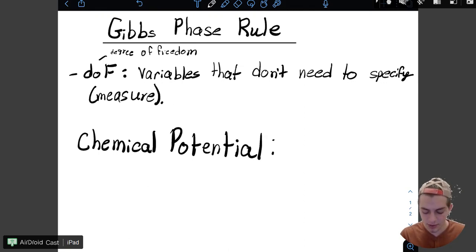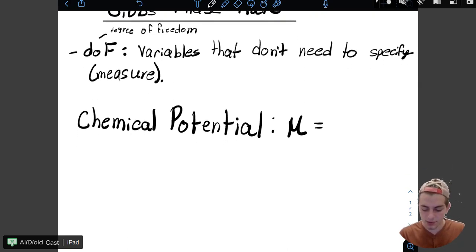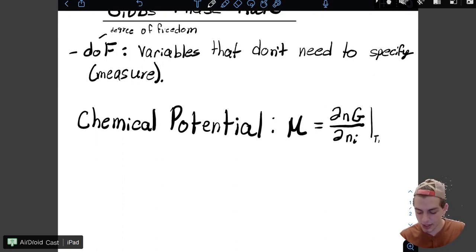Chemical potential, which I'm going to denote by mu in this video, is basically a relation of Gibbs energy per mole. The way that we're going to write that, we'll say it is equal to the partial derivative of moles times Gibbs free energy with respect to moles of some component, given a constant temperature and pressure.